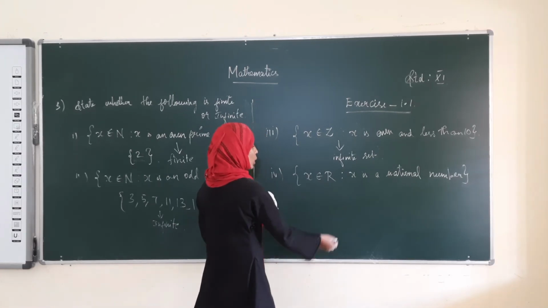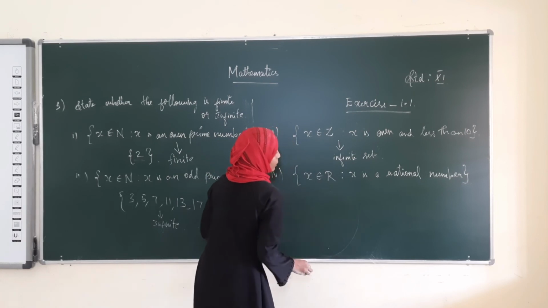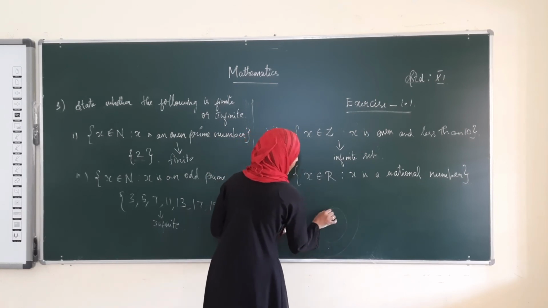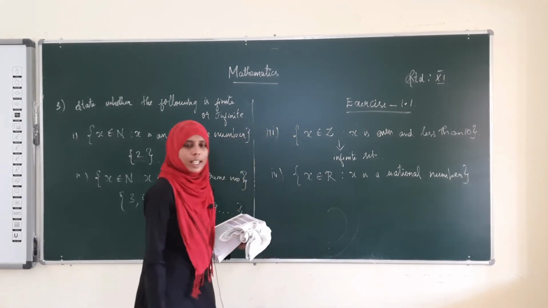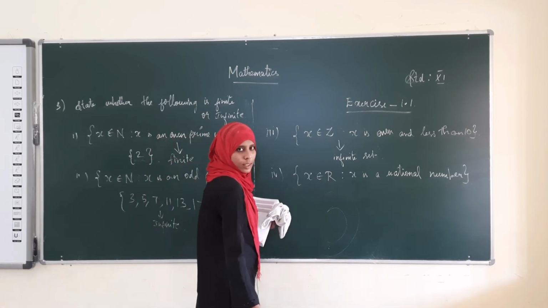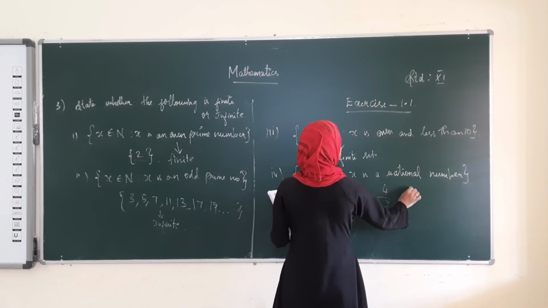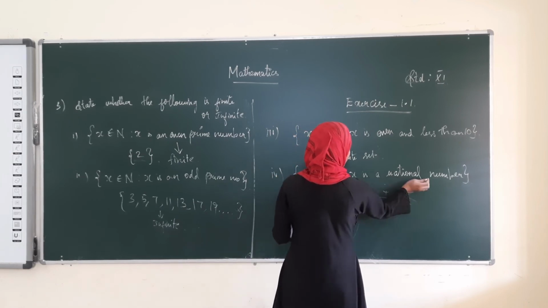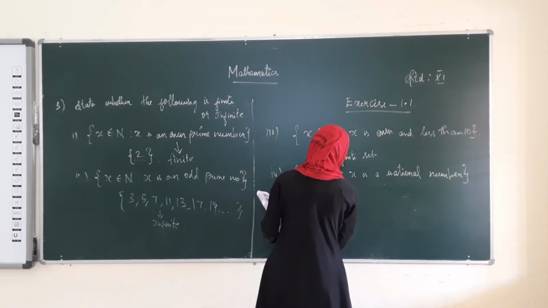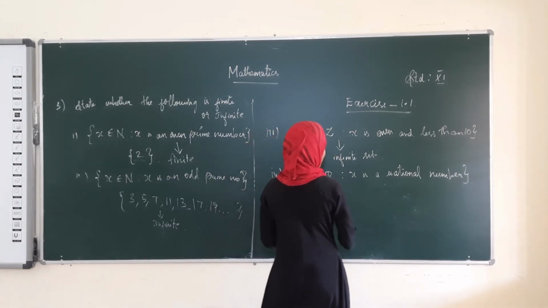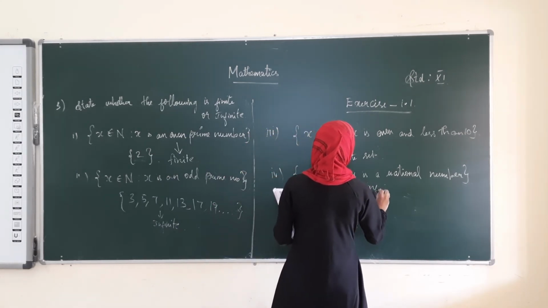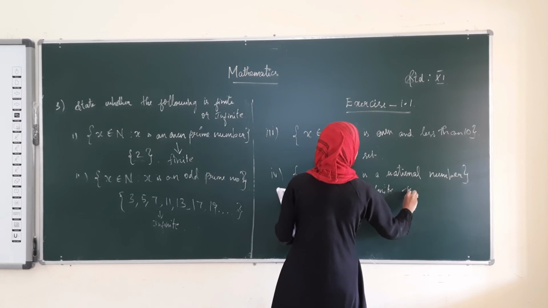So in the whole set of real numbers, we have to find the number of rational numbers in this set. Can we count the number of rational numbers? Is that possible? Rational numbers will be in the form of 4 by 3, 2 by 4, like this. Can we count this? No, it is impossible. That is, it is infinite. Therefore, this set is also an infinite set.